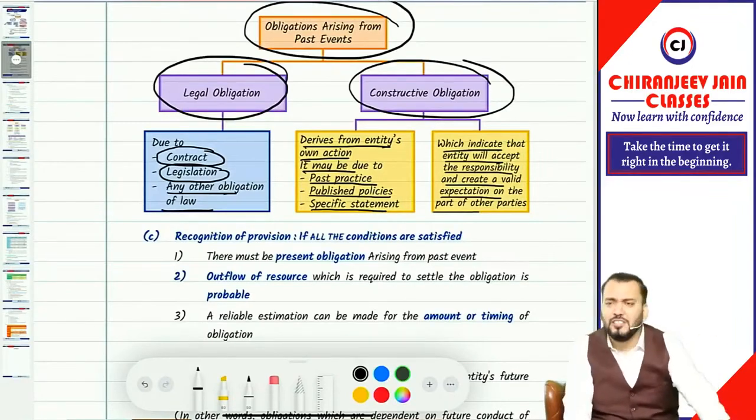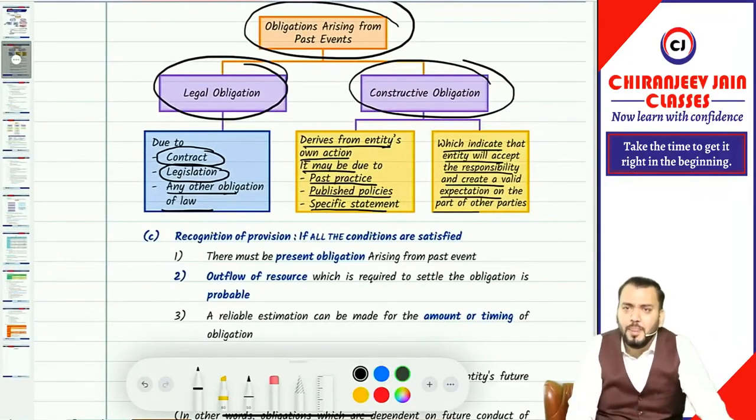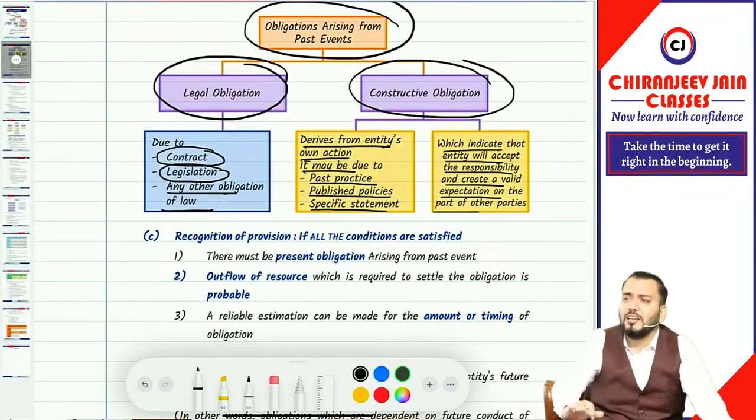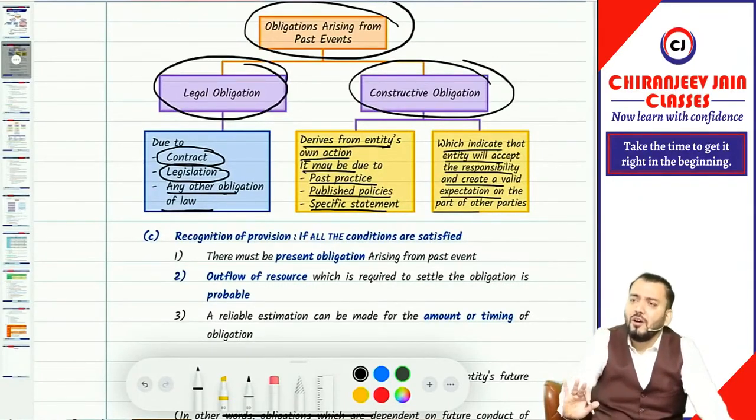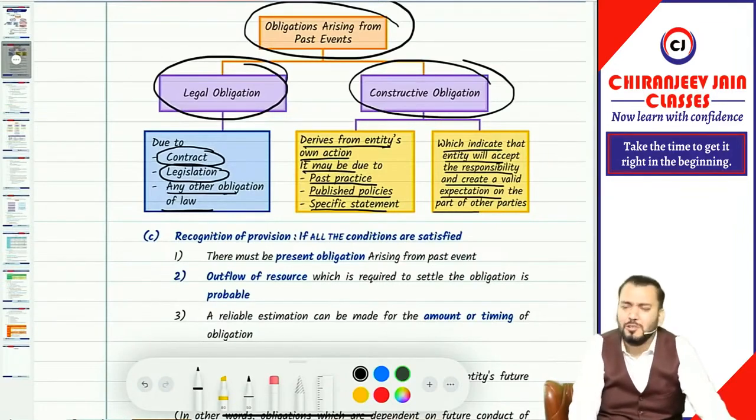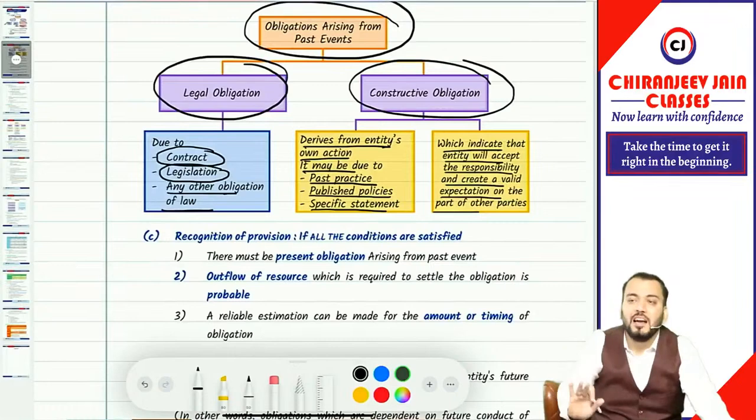Now suppose I'm just giving one good example. Suppose you started one factory, and whenever you start a factory, of course you will pollute the environment. Correct? And there is no act on cleaning the environment. Normally in India we do not have such type of act. In metro cities there may be some act. So there is no act of cleaning up the environment. So you are polluting.